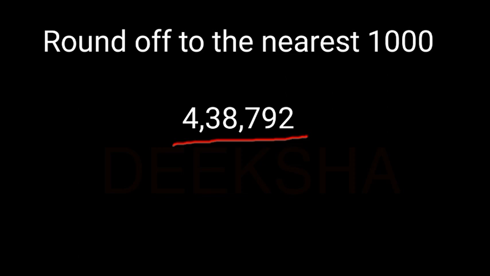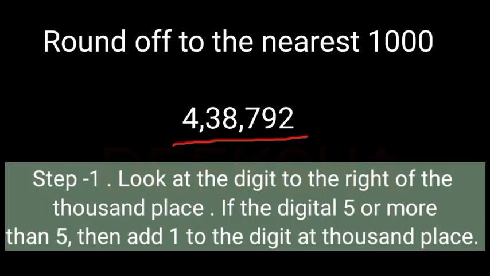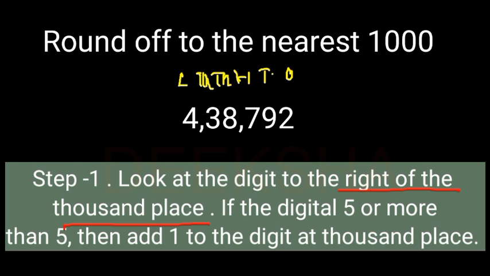So step 1 is look at the digit to the right of the thousand place. You want to round this number at the thousand place now. So check the right digit of the thousand place. If the digit is 5 or more than 5, then add 1 to the digit in the thousand place.